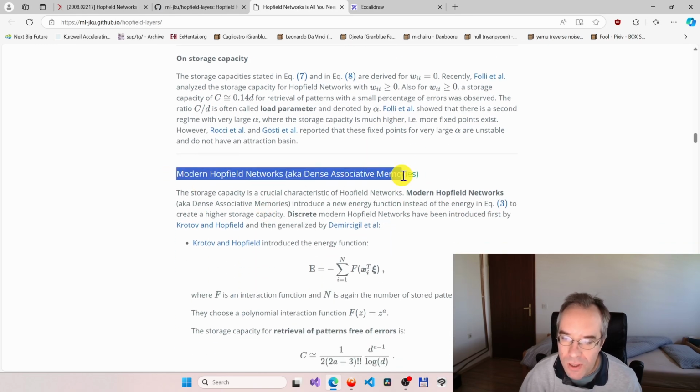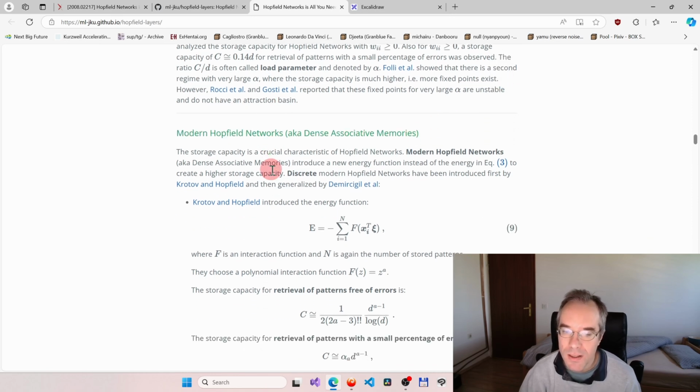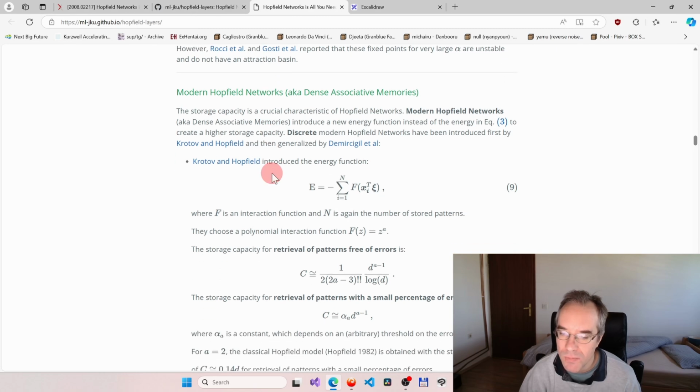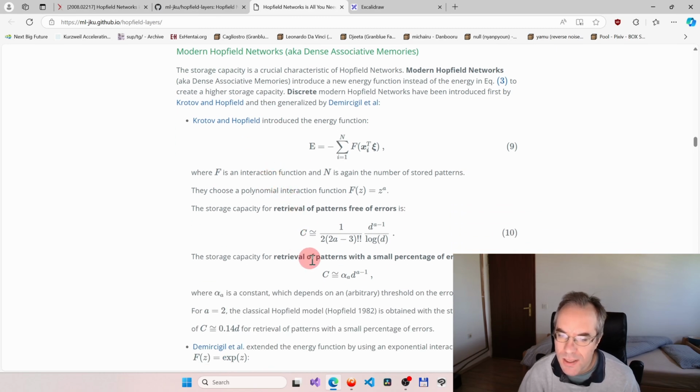Okay, so now here we finally cover the modern Hopfield networks, aka the dense associative memories. And these have a much higher capacity, like they have an exponential capacity given the size of the input vector.